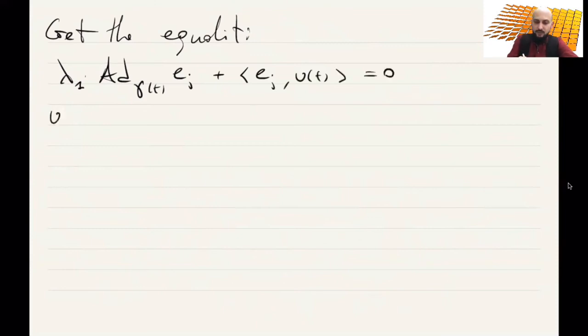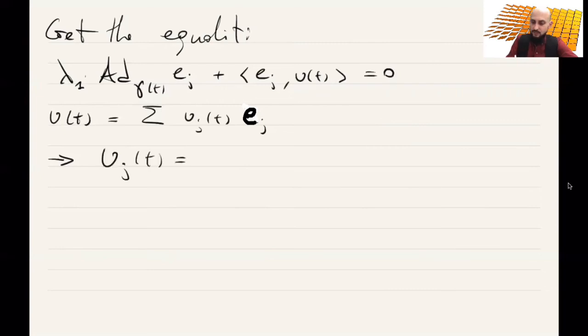Now remember that ut is the sum of ujt xj. And therefore what we get is that uj at t is equal to minus lambda 1 ad gamma t ej.